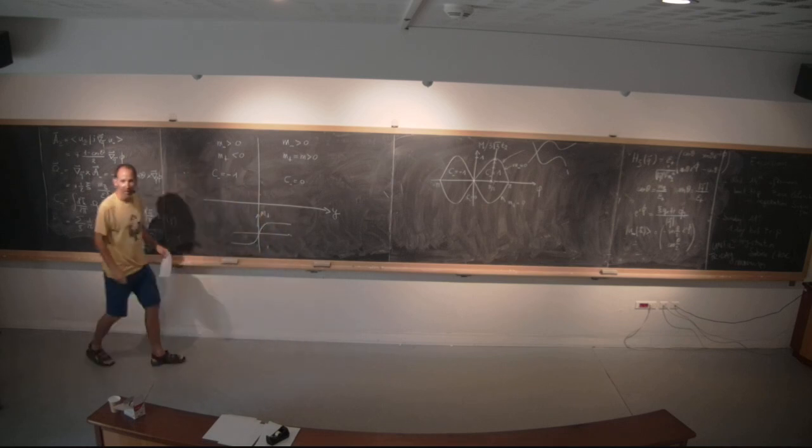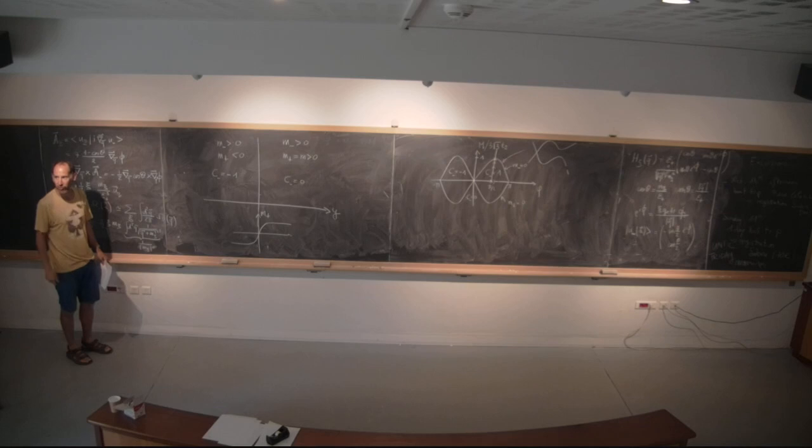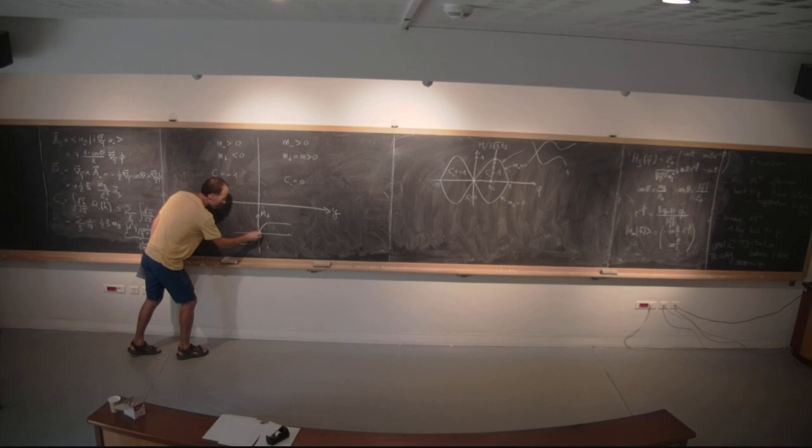Then each time you have this, you have a special solution of your Dirac equation, which is a mid-gap state. So it's a state which is inside the bulk gap. That's probably quite intuitive.